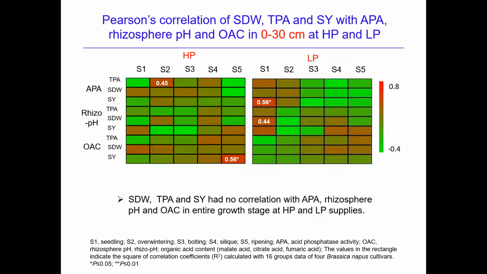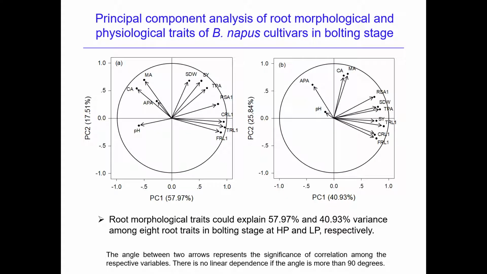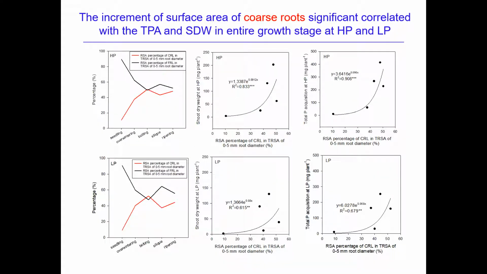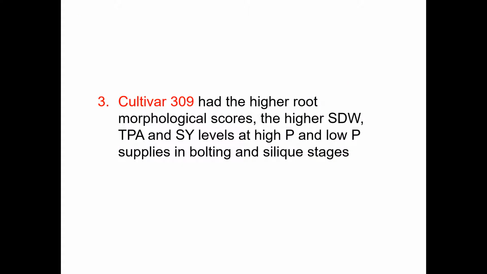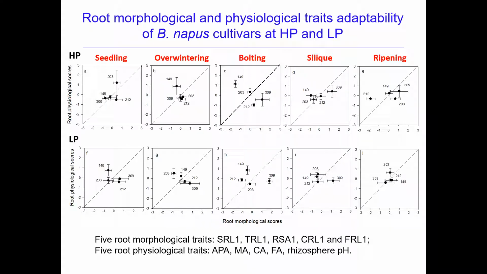For this cultivar, we found that it may have higher root morphology scores. We use 5 root morphology traits and 5 root physiology traits; the root morphology traits in the topsoil are specific root length, total root length, root surface area, coarse length, and fine root length.